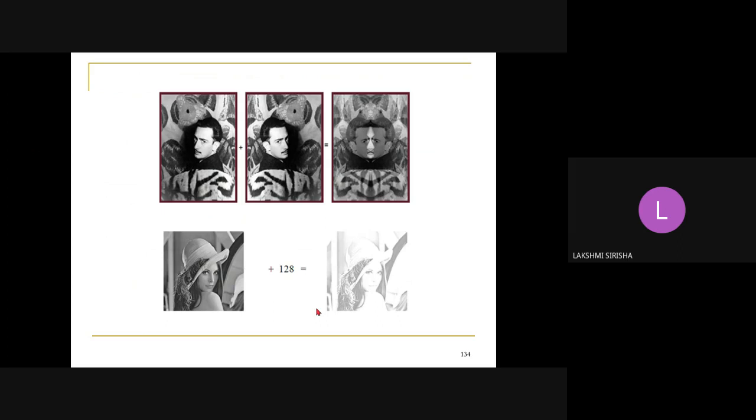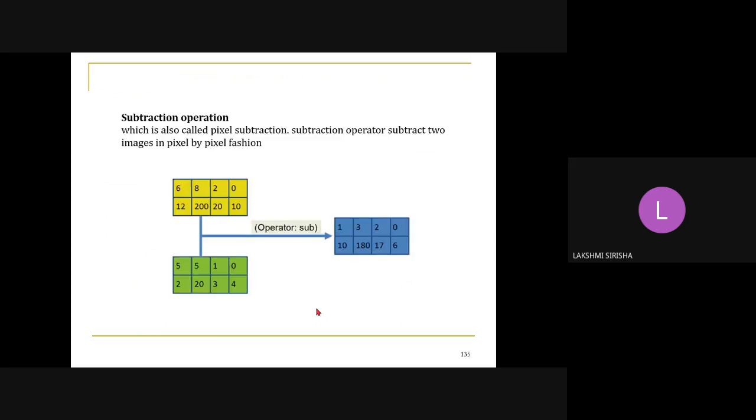Including 0, the total number of pixel values is 256 only. That means the entire 8-bit gray level image has pixel values from 0 to 255 only. At the time of addition, if any value is more than 255, the system automatically takes it as 255 only. So this is called addition of any two images.